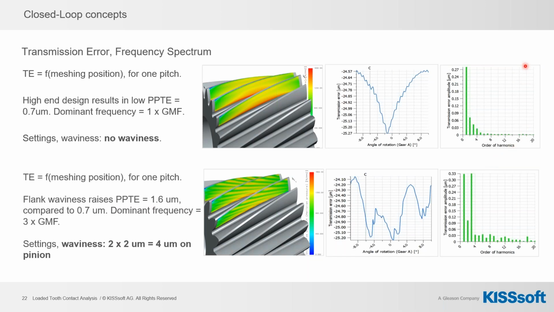So what you can see here on the top graphics is the transmission error and the contact pattern as well as the harmonics without any waviness on top. And below we have added about 4 microns of waviness on the pinion. And we can suddenly see that the third order of harmonics becomes dominant. And that might or might not then cause problems on the end of line test.